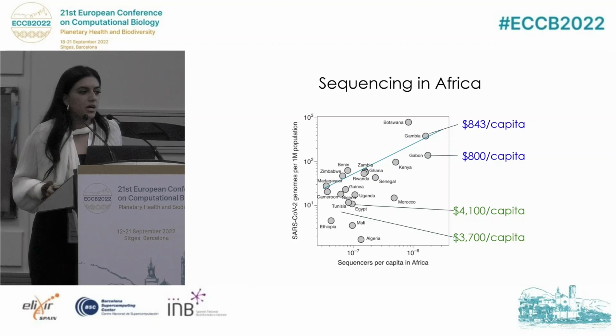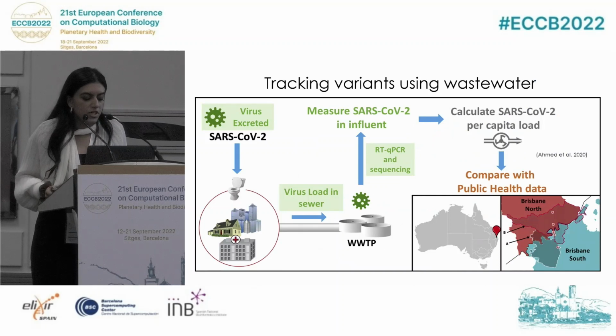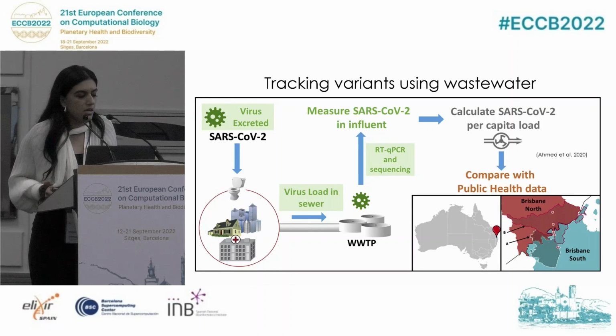Africa provides a remarkable example of international cooperation that could be implemented in other parts of the world to improve pandemic response globally and perhaps to even eliminate disparities in sequencing.